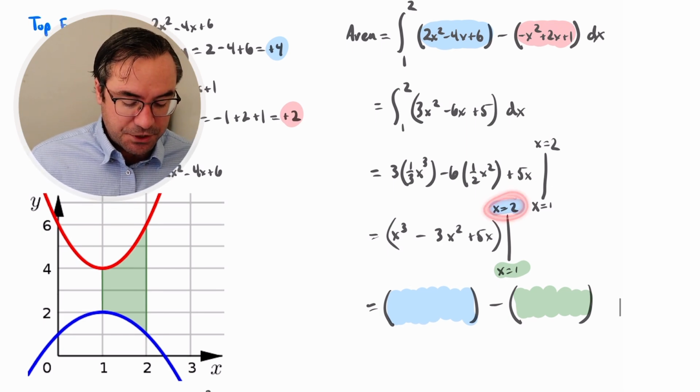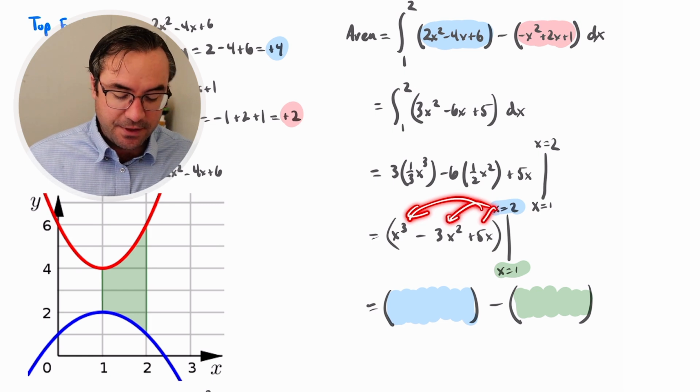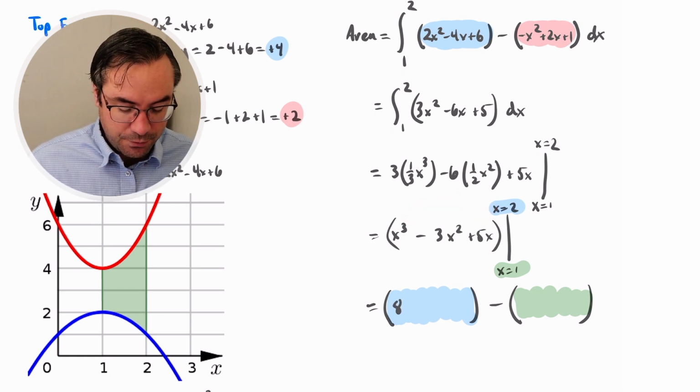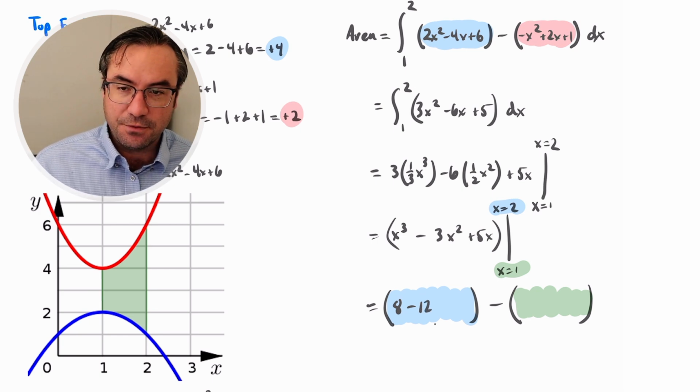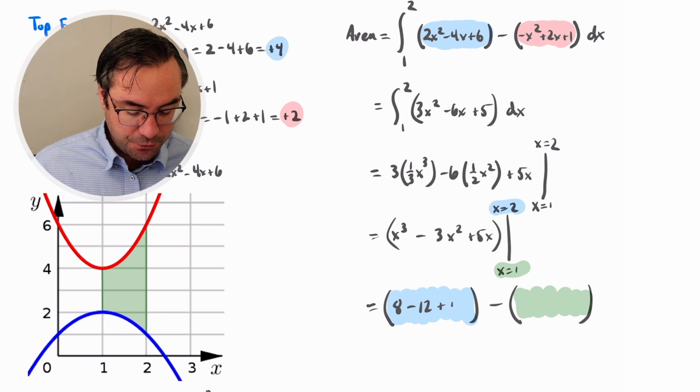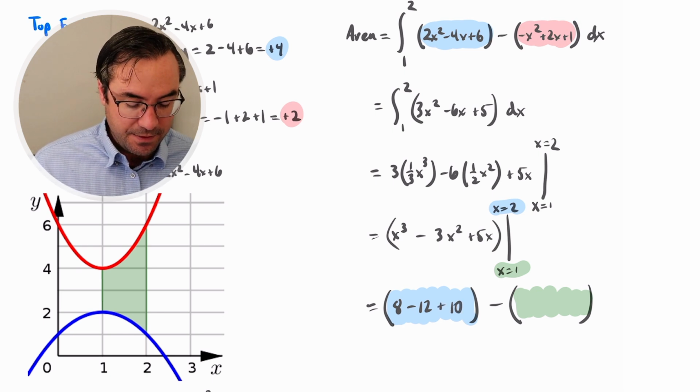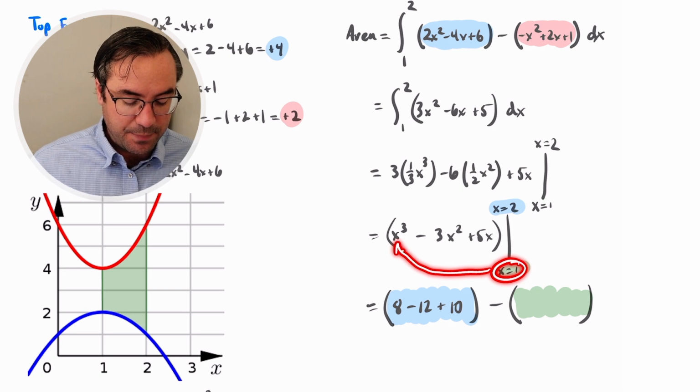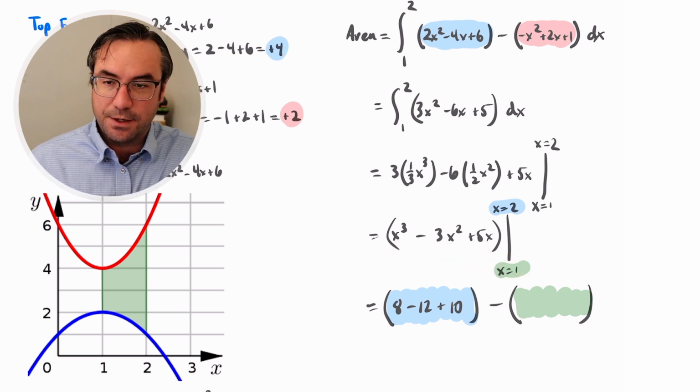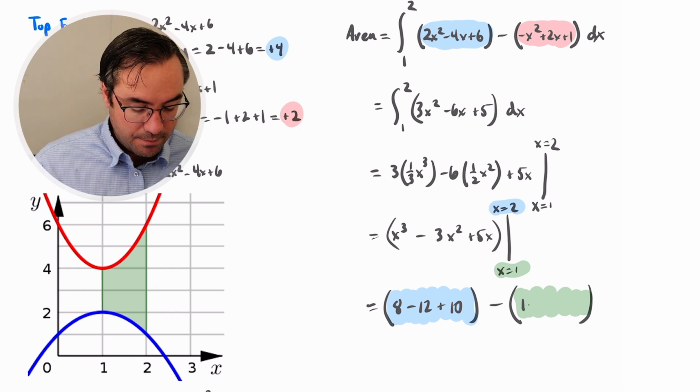All right, so x equals 2. Let's plug it into this entire thing. So we get 2 cubed, which is 8. Then minus 3 times 4, so minus 12, plus 5 times 2, which is 10. And then when we plug 1 in, we're going to get powers of 1, which are all just 1. So we get 1 minus 3 plus 5.